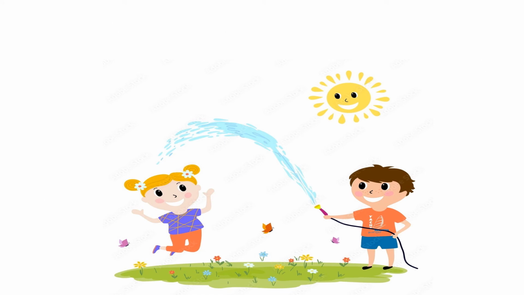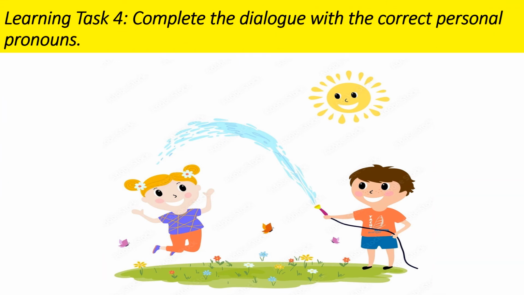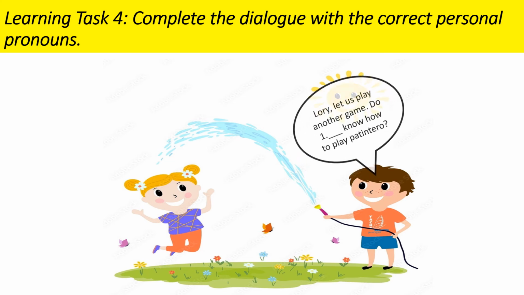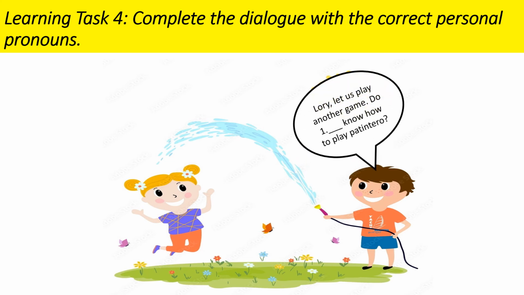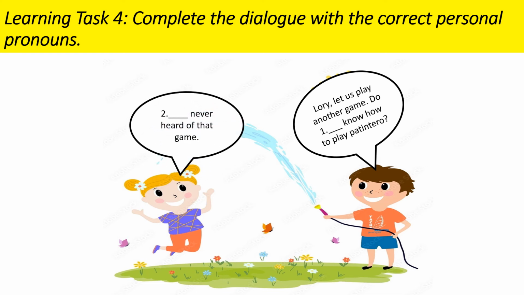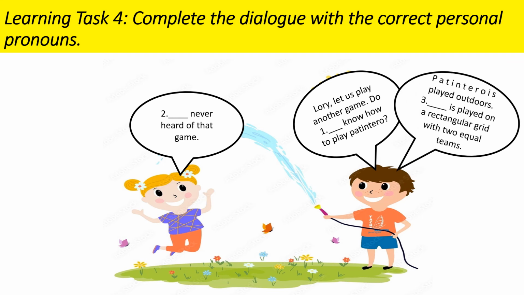So, now let's proceed to learning task 4. You are going to complete the dialogue with the correct personal pronouns. Lori, let us play another game. You don't know how to play Patintero? Never heard of that game. Patintero is played outdoors.